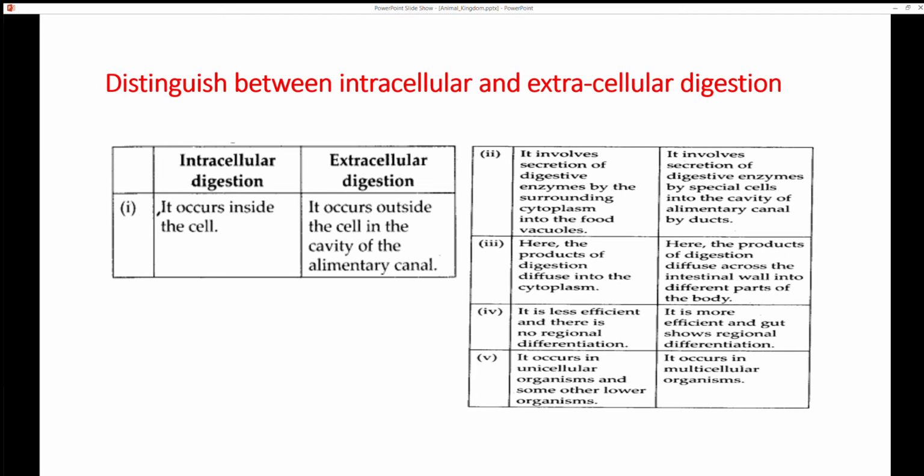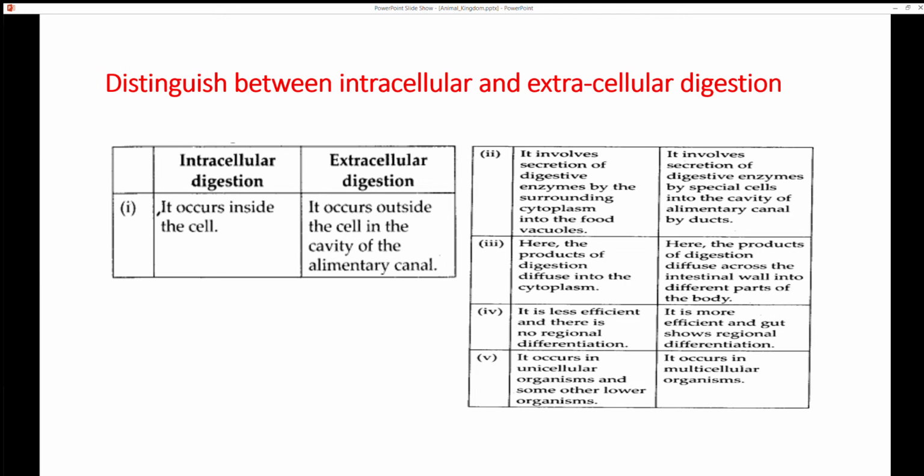The third point is that the products of digestion diffuse into the cytoplasm; diffusion happens inside cells. Whereas in extracellular digestion, the products of digestion diffuse across the intestinal wall into different parts of the body.